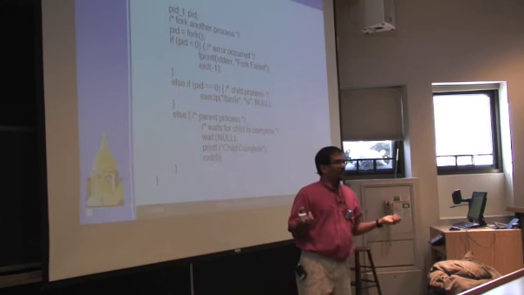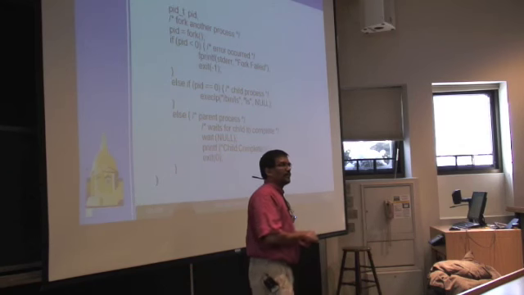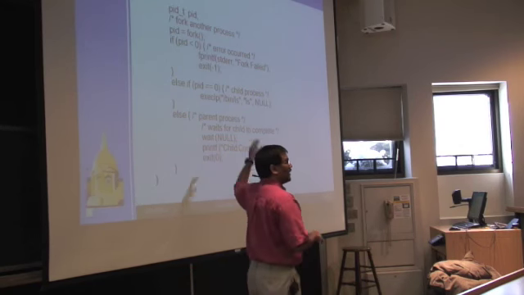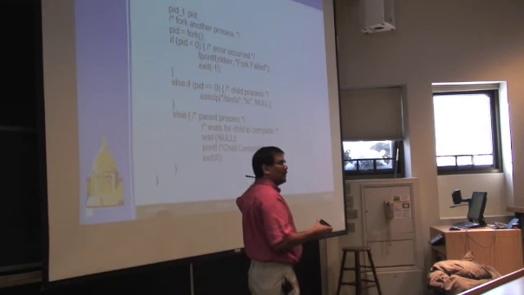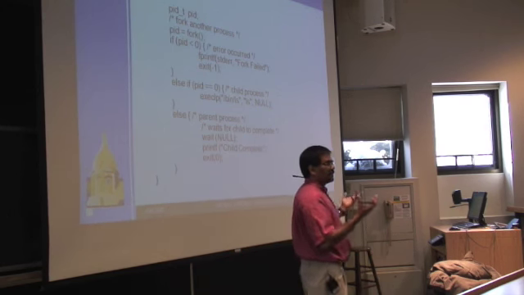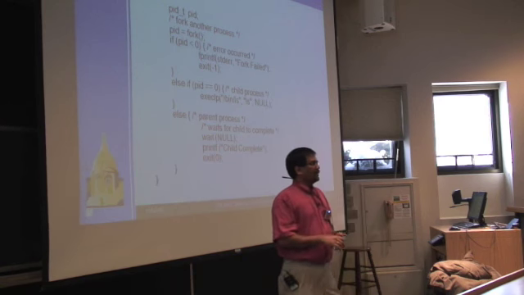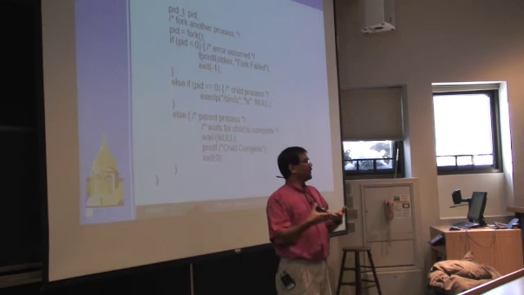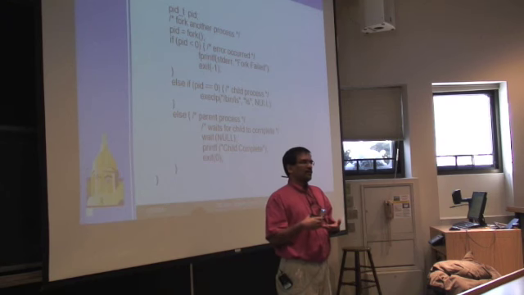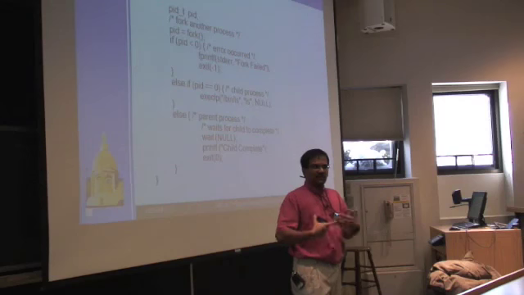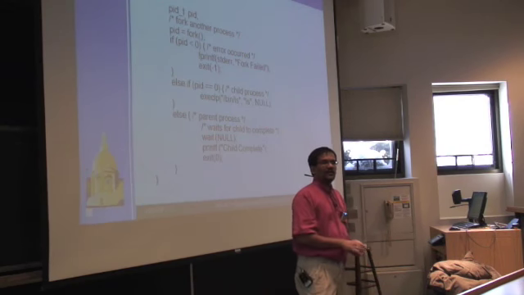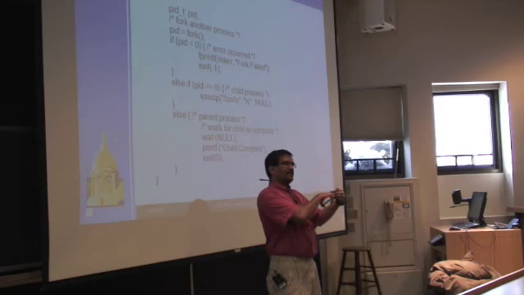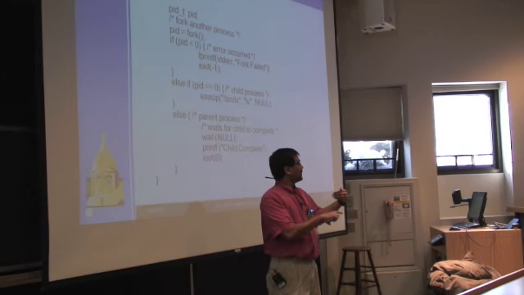If it couldn't fork for whatever reason, maybe because of a long-term scheduler problem, it'll return an error, -1, in which case you can say the fork failed. Otherwise, if the process ID is 0, that means you're the child. But for the parent, it returns the process ID of the child, right?